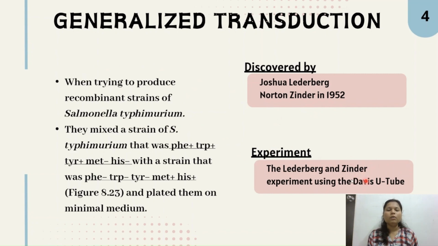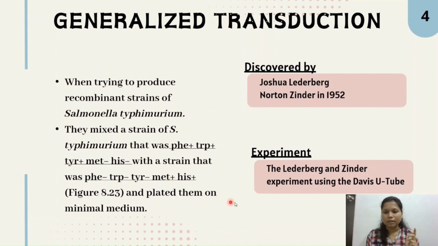They took two strains of S. typhimurium which were auxotrophic to certain amino acids essential for their growth. One strain was auxotrophic to methionine and histidine, while the other was auxotrophic to phenylalanine, tryptophan, and tyrosine. They did this experiment using two different methods.